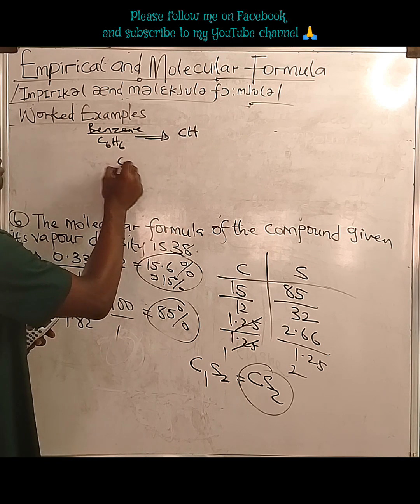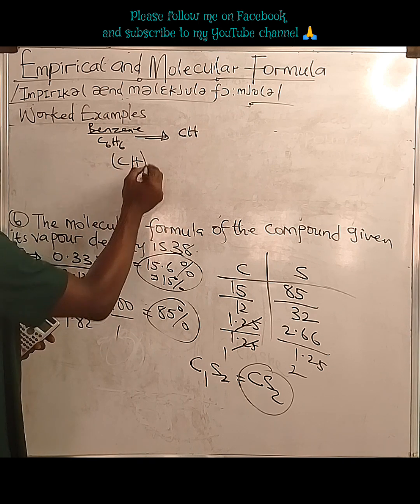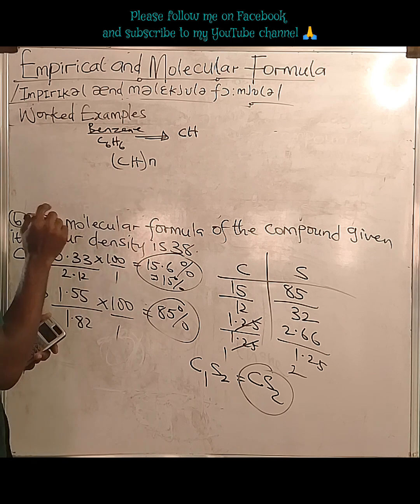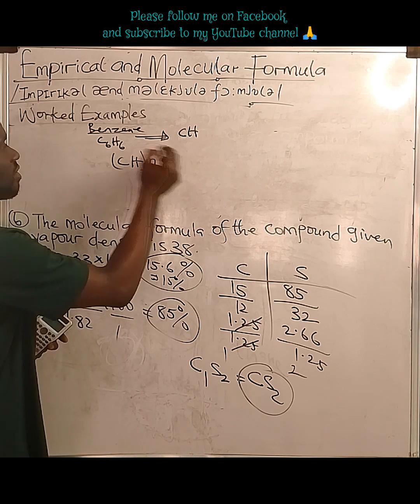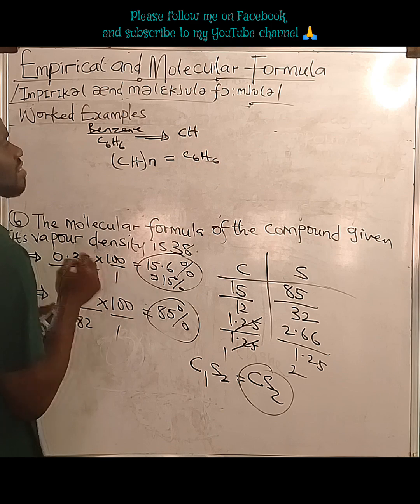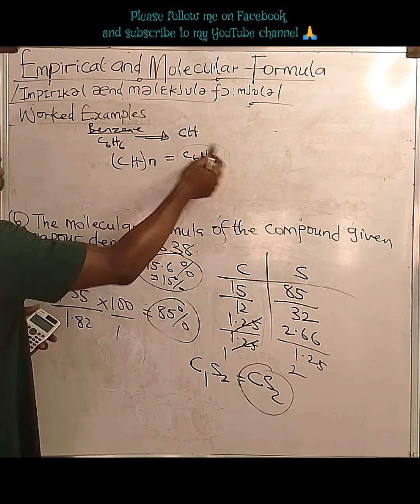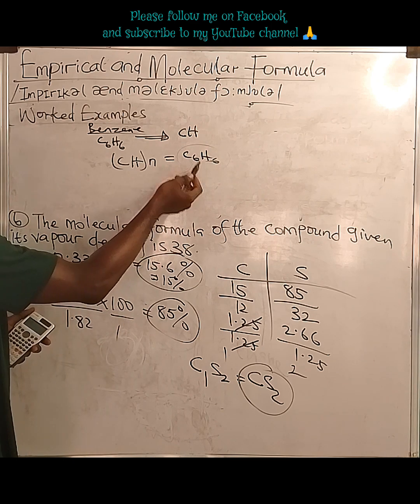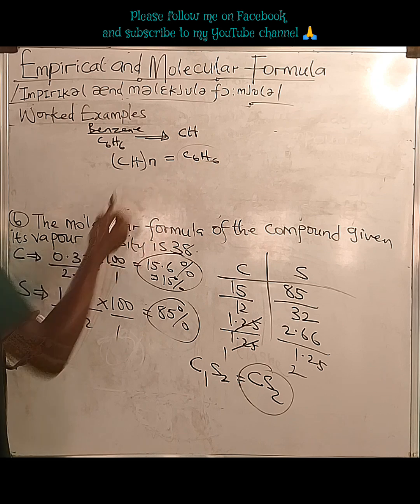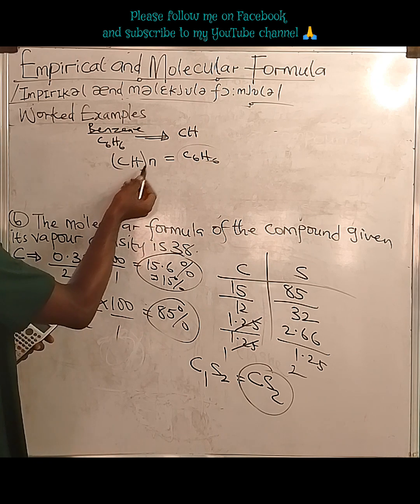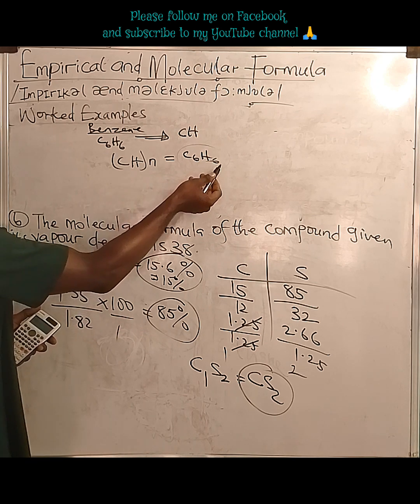It's just going to be CH times a given number that will give us the C6H6. That's how we do it. So the C6H6 here is a molecular formula, and we can get the molecular mass easily. You understand? So CH times something will give us C6H6.